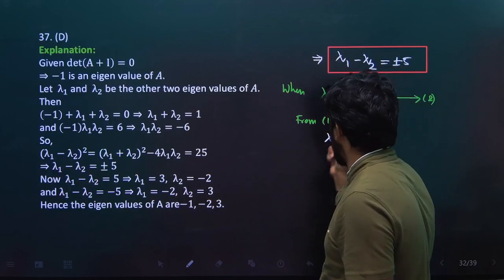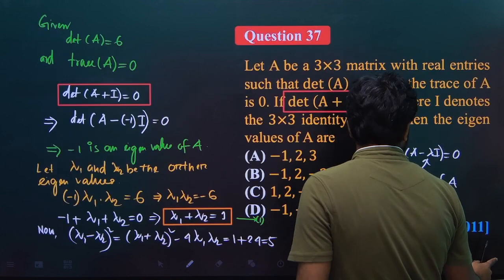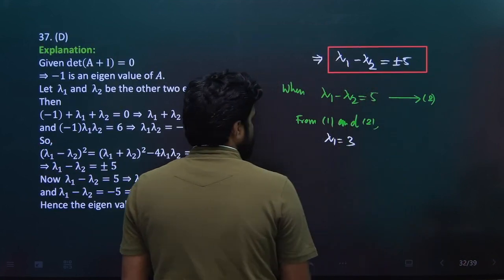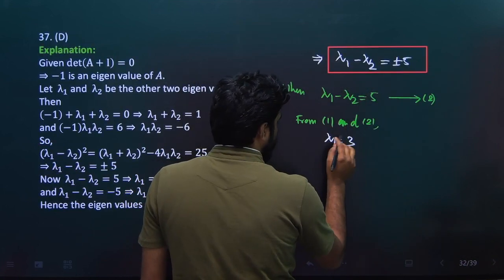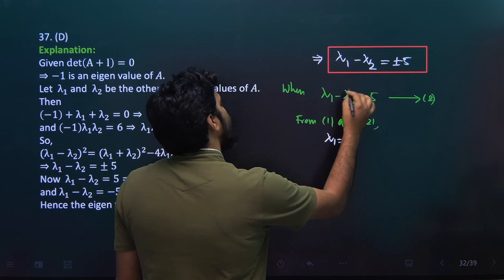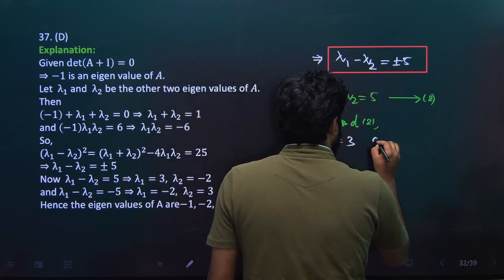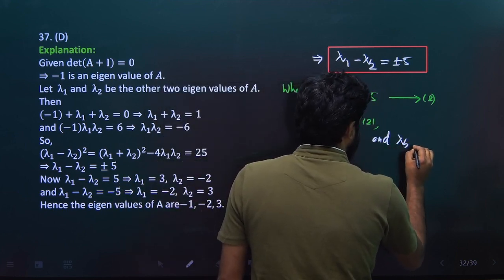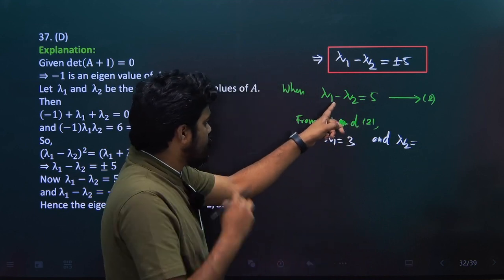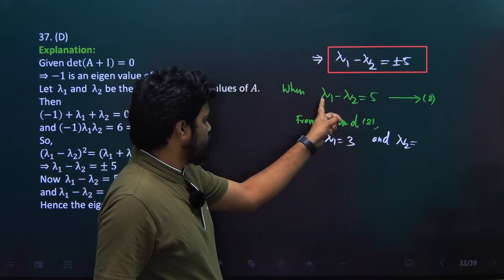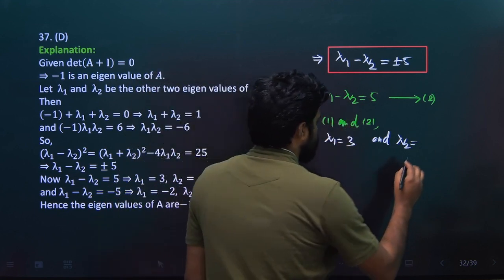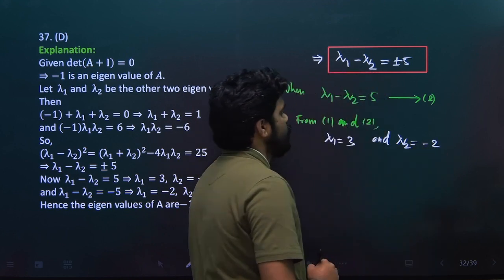That is 2 lambda 1 is equal to 6. That is lambda 1 is equal to 3. So lambda 2 will be, with lambda 1 equal to 3, 3 minus 5, that is -2.